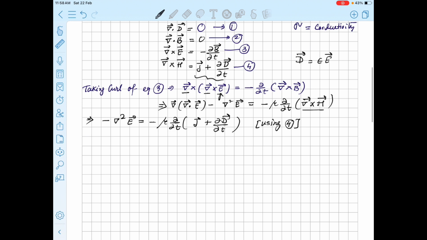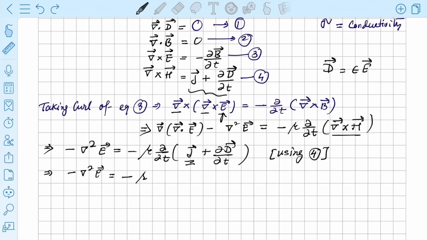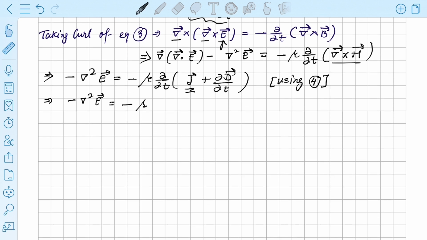So if we use that value, then we're going to have minus del square E is equal to mu times del t of, and this J can be replaced by sigma E. So we're going to have sigma E vector plus, and D is nothing but epsilon times E, so epsilon del E by del t. That's what we're going to have, right?